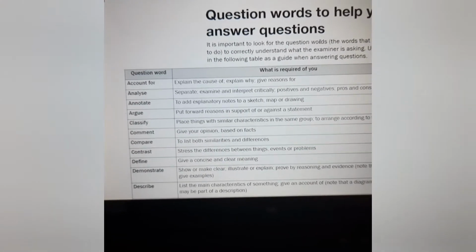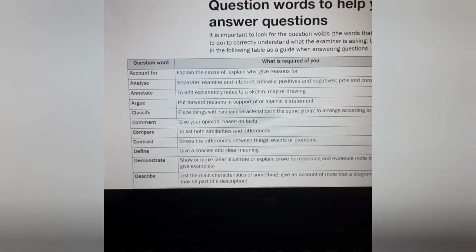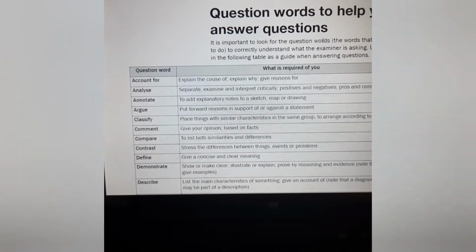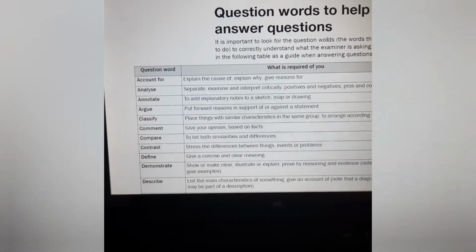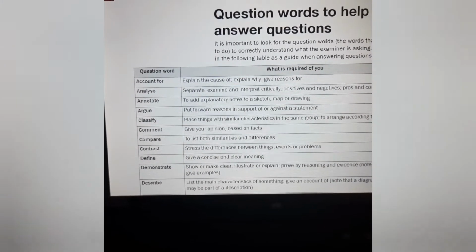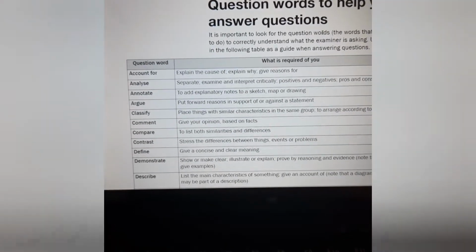When they say comment, you give your opinion. You give your opinion based on facts. So you give your opinion based on your understanding of that chapter, your understanding of that unit. You need to give your opinion based on facts, based on everything that you have learned in that chapter.